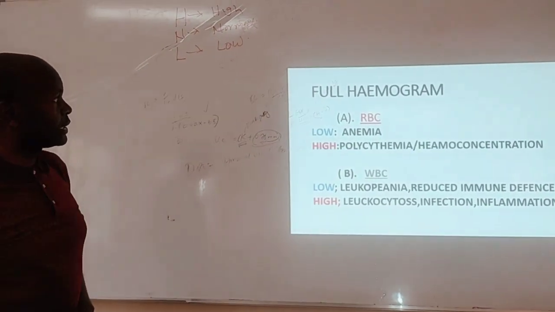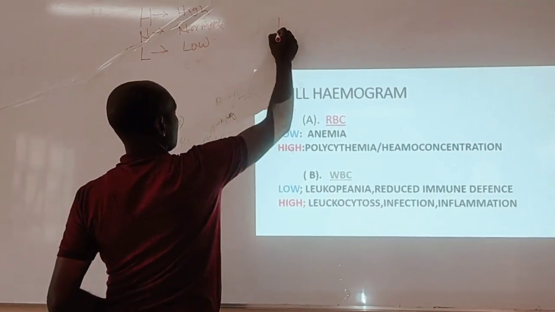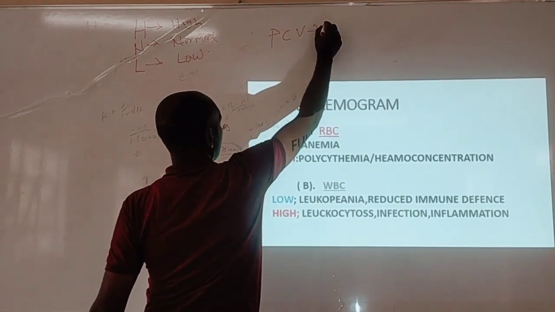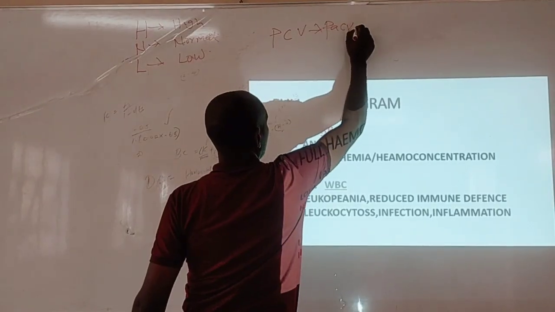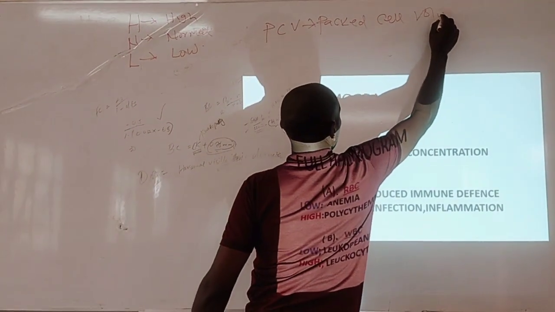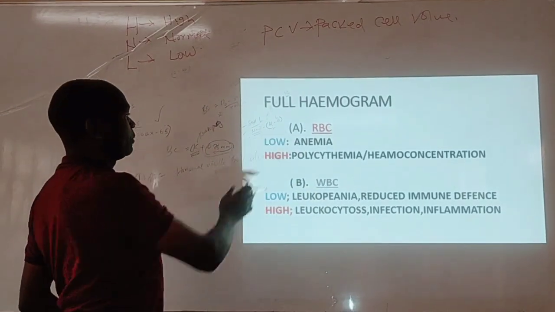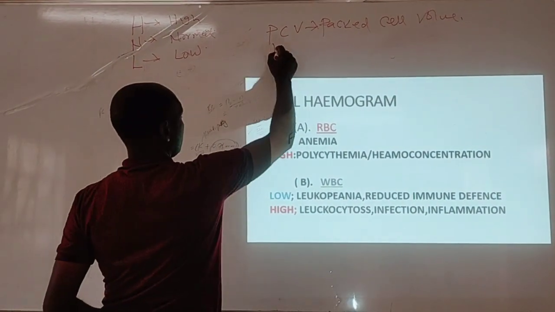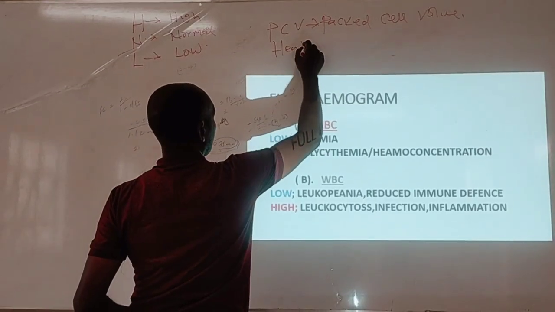So in that case, we look at what we refer to as the PCV, which is just packed cell volume. In this case, your packed cell volume will be high. Sometimes we also refer to it as hematocrit.